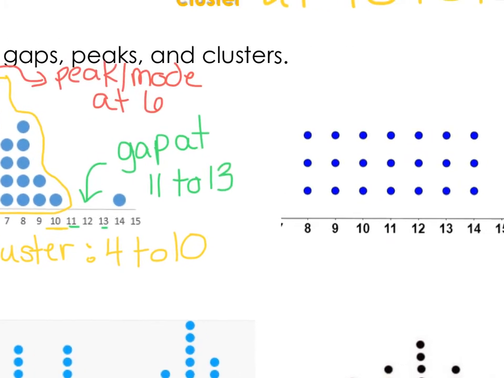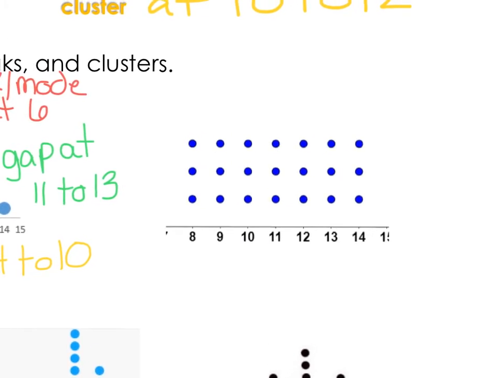Okay, now let's go ahead and let's look at one that looks like this. So here, if I were to find my peak, I do not see any point that's higher than any other point on here. So there is no peak. Here, if I were to look at the cluster, well, everything's clustered here.